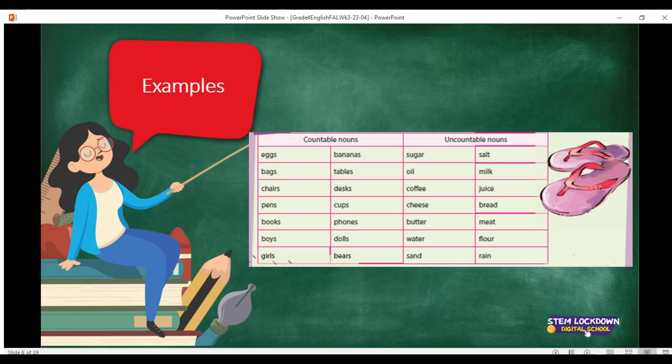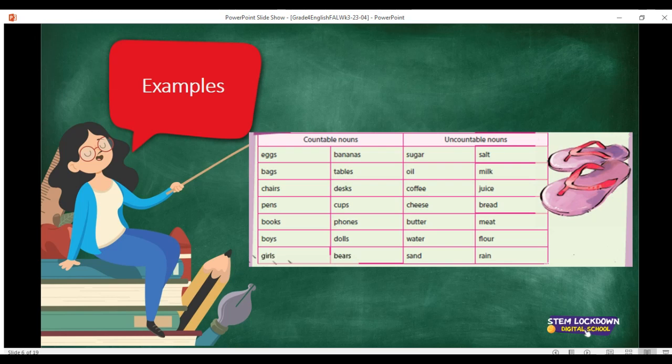So we've got eggs, bananas, bags, tables, chairs, desks, pens, cups, books, phones, boys, dolls, girls, and bears. So those are more than one of those types.